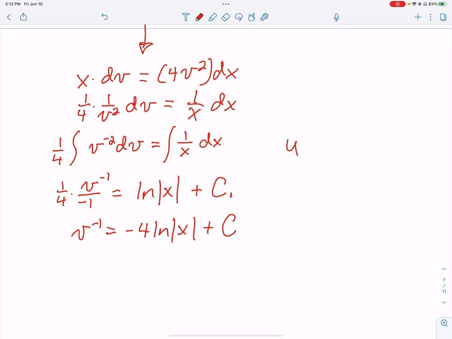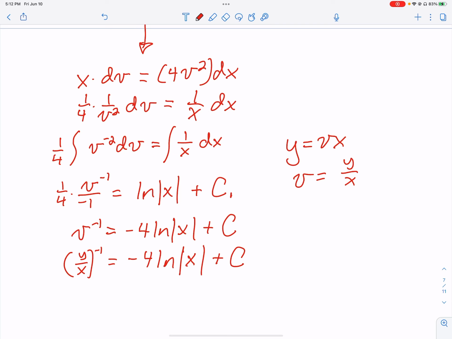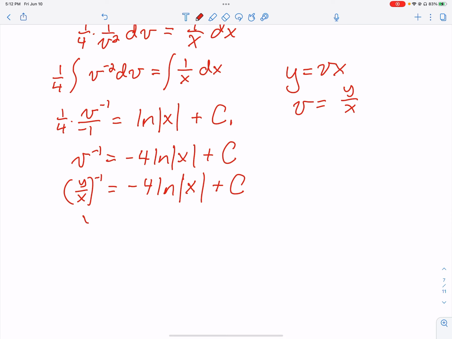I think we're almost to an answer. Remember that y equals vx. Well, v then would be y divided by x. So I can replace this: y over x, to the negative 1, is negative 4 ln of x plus c. Well, that means just flip them over. So I got x over y equals negative 4 ln of x plus c.